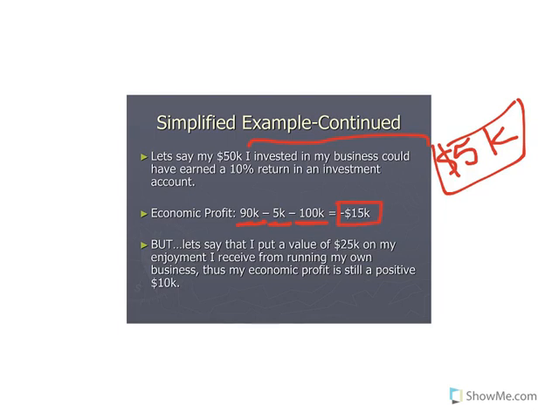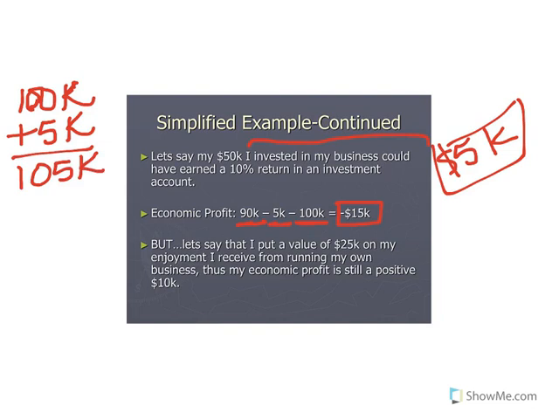What that means is I'm worse off than what I would have been had I just allowed my resources to stay where they were. In other words, remember before, I made $100,000 at my job, plus I had $50,000 in the bank that would have made me $5,000 that year. So you add 100,000 plus 5,000, and I would have made $105,000 that year based on allowing my resources to stay where they were being utilized.